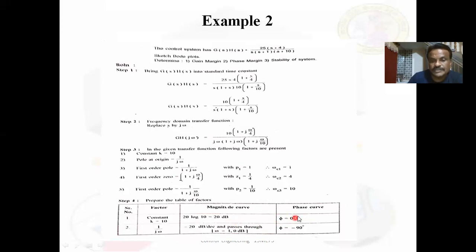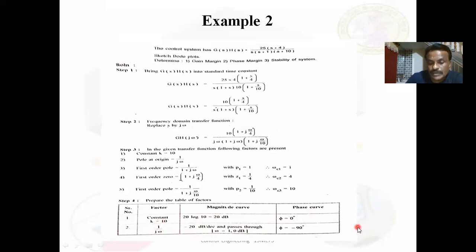We already discussed this. Then you take another factor, 1 by s or 1 by j omega. The magnitude curve is minus 20 dB per decade, and the phase angle for a pole at the origin is minus 90 degrees.